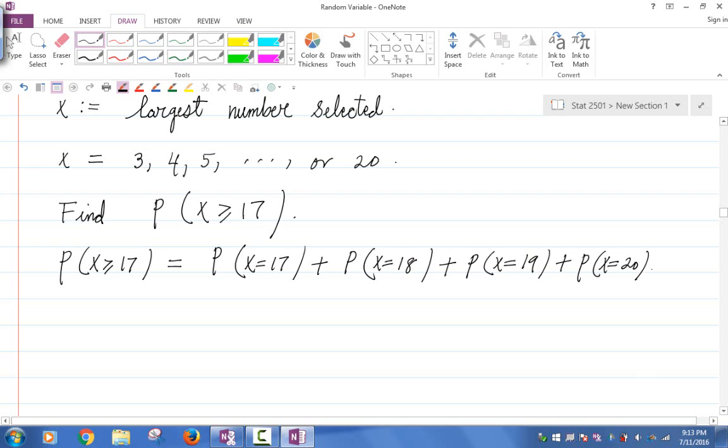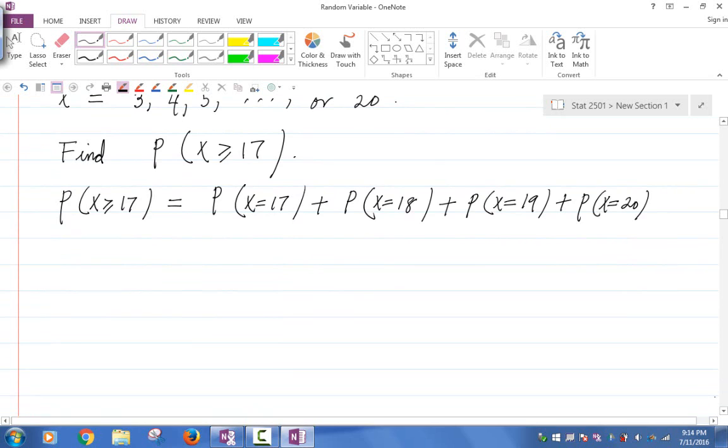The event that X is at least 17 is the same as the event that X is 17 or 18 or 19 or 20, and these events are disjoint, so I can write the probability as the sum of these four probabilities. So we need to find those.